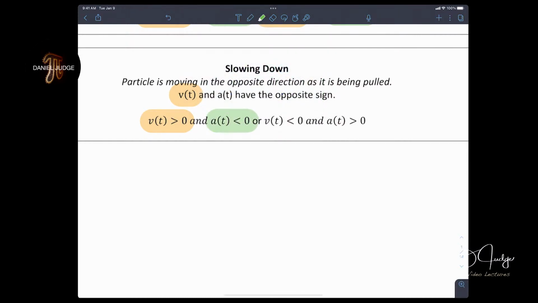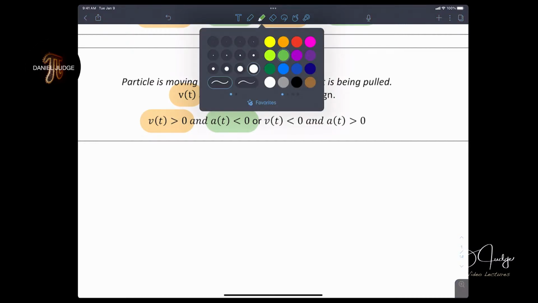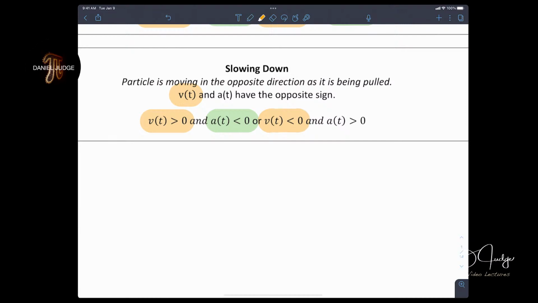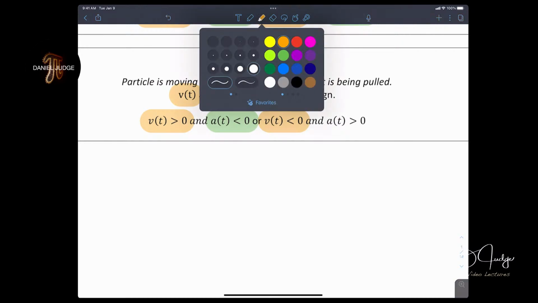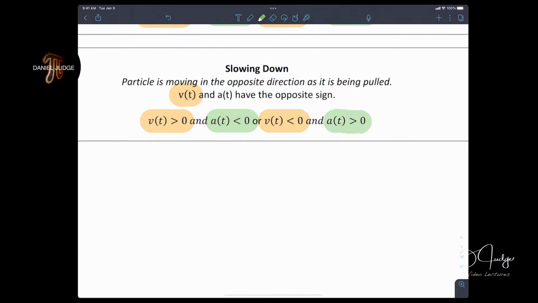A negative acceleration means it's being pushed or pulled, force equals ma, in the opposite direction, so it's going to slow the particle down. When your velocity is negative, the particle is moving in the negative direction, down or to the left.